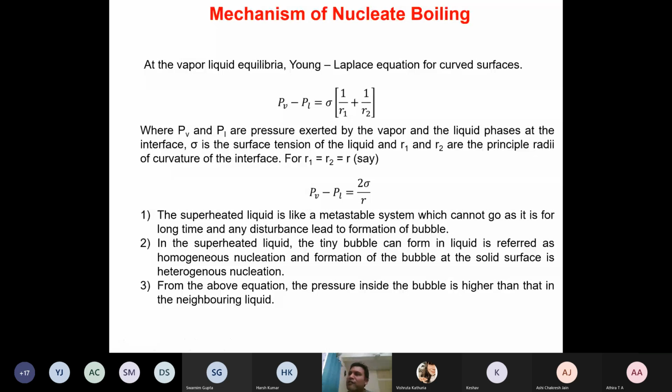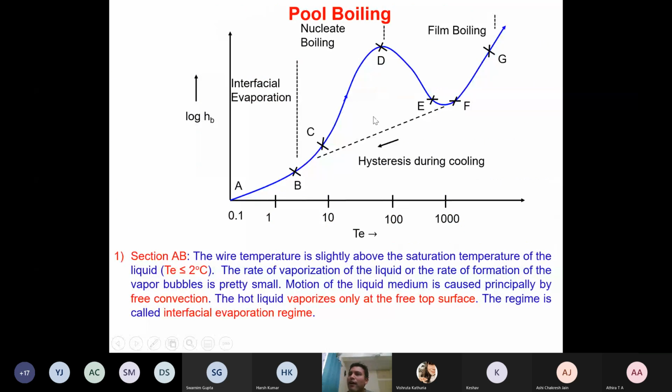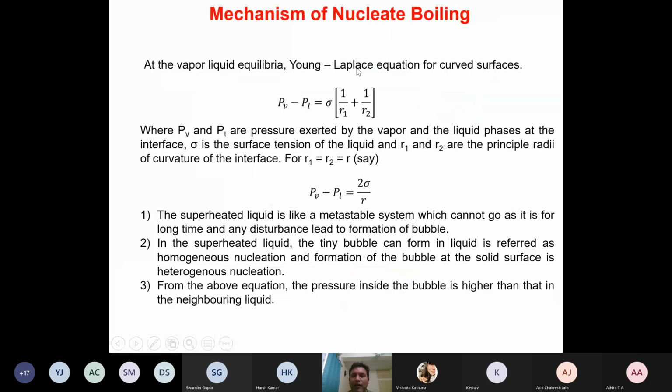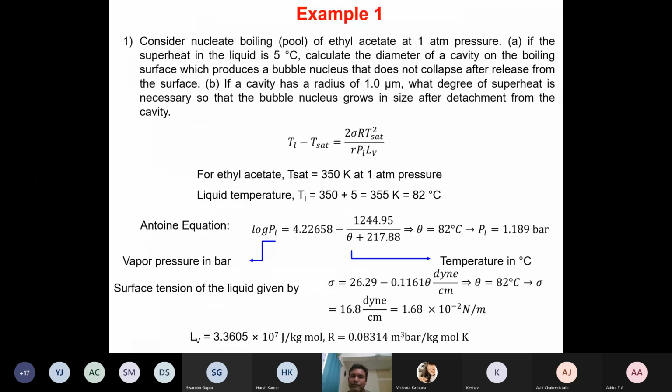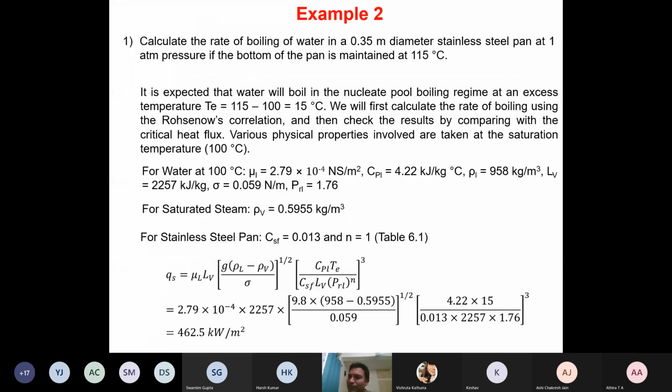This point D, which is the point of critical flux, corresponds to an excess temperature of around 35. So that is what you are ensuring, that since in this case the excess temperature is much lower than this 35, clearly the boiling in this particular problem is in the nucleate boiling regime. Is it clear to everyone?